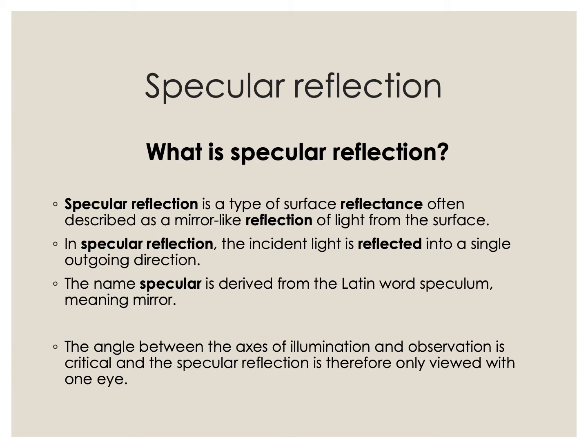Specular reflection has special characteristics such that the incident light is reflected into a single outgoing direction, and hence the name specular is derived from the Latin word speculum, which means mirror reflection. The angle between the axes of illumination and observation is critical, and the specular reflection is therefore only viewed using one eye.